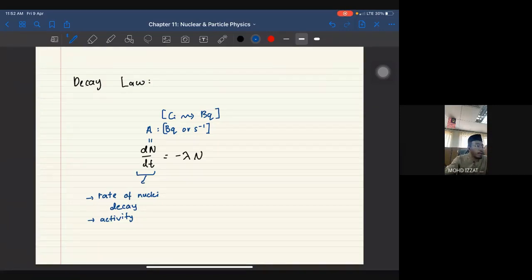One curie is equal how many becquerel? Okay, so I got the numbers here. 1 Ci is equivalent to 3.7 times 10 to the power of 10 Bq, ataupun per second. So far okay?